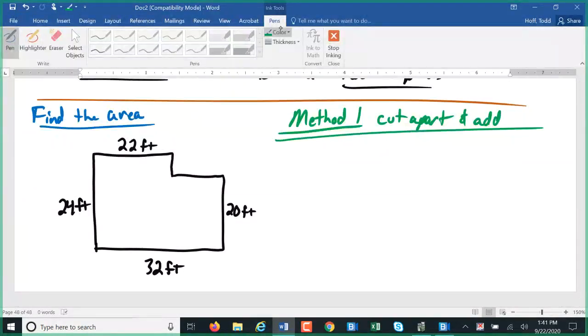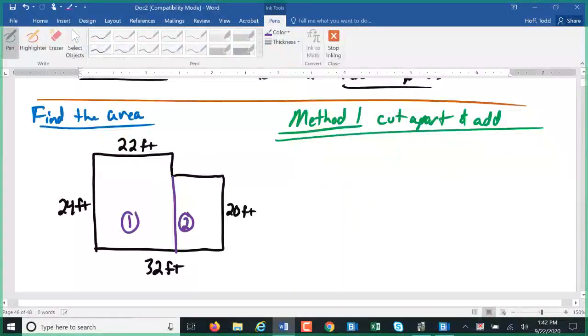That means I could either cut it across here and have 2 rectangles, or I can cut it this way and have 2 rectangles. Since I have it drawn that way, let's leave it like that for now. So the first rectangle is 24 by 22 feet. 24 times 22 is 528 square feet.